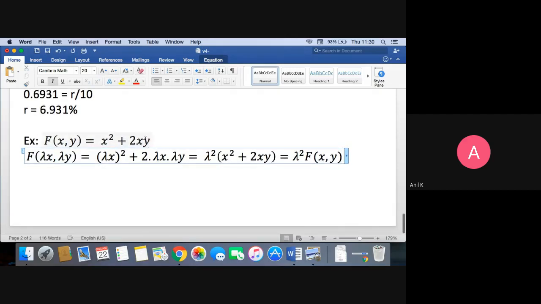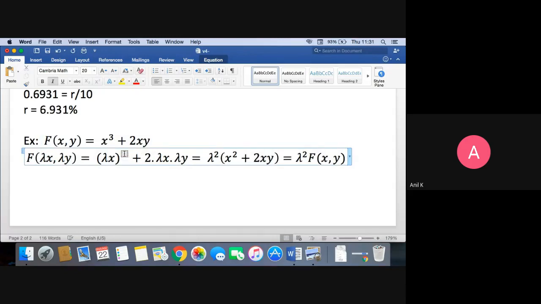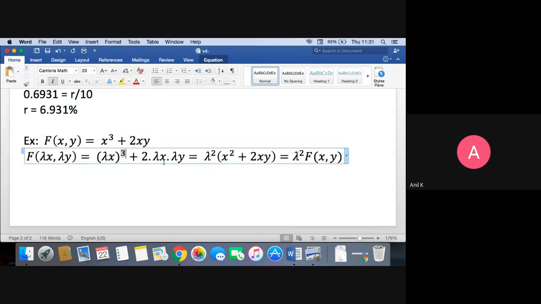For example, let me change this question itself. If I put here lambda x cube in place of x square, if I keep x cube here, now my function is f of x comma y equals x cube plus 2xy. So here you get lambda x whole cube plus 2 into lambda x into lambda y. Now in the first term I get lambda cube x cube.